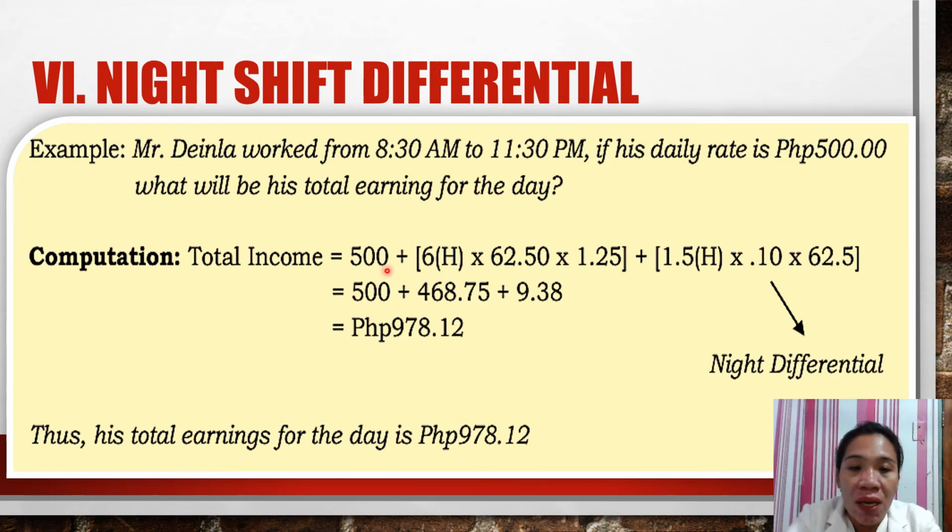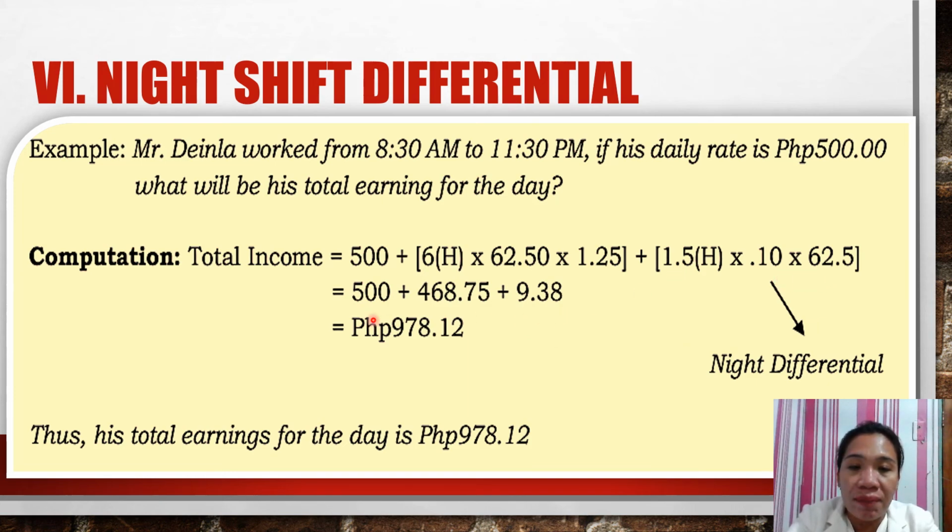So with that, the daily wage, which is 500, plus the answer for 6 times 62.5 times 1.25 for the overtime pay from 4:30 to 10:30, and that is 468 pesos and 75 centavos, plus the night differential, which is 1.5 times 0.10 times 62.5 will give you 9.38.